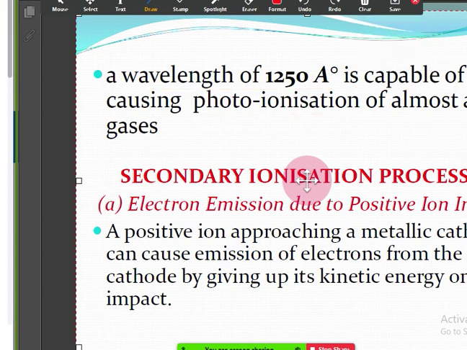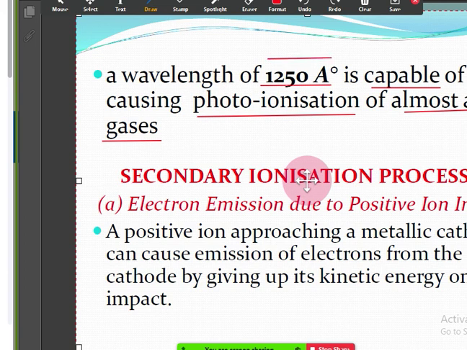So this is a general point: a wavelength of 1250 angstroms is capable of causing photoionization of almost all gases. For major gases, a wavelength of 1250 angstroms is sufficient.